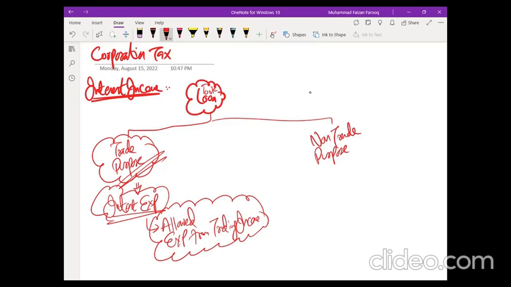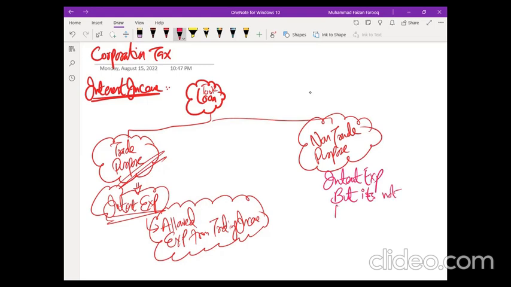If you took a loan for non-trade purpose, again you have to pay interest expense, but this interest expense is not allowed from trading profits.